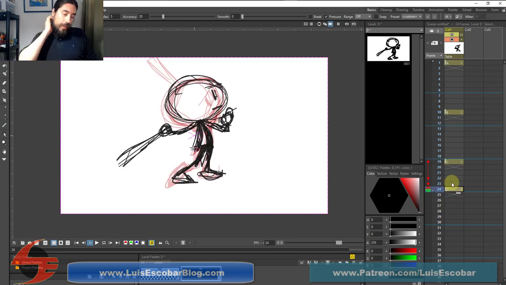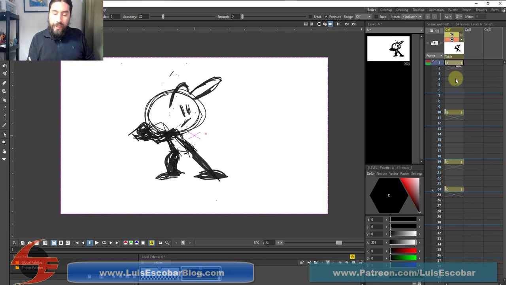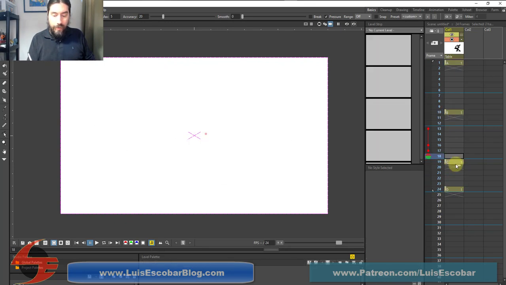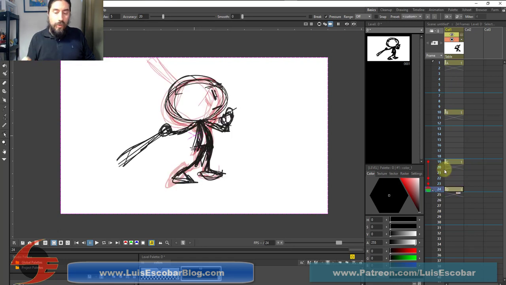Okay. And those are my keyframes. So what I would do now is I would go back to the reference and I would do the breakdowns. So these are my keyframes. A, B, C, and D are my keyframes. And now I'm going to do the breakdown frames. Now a breakdown is an explanation of the motion.